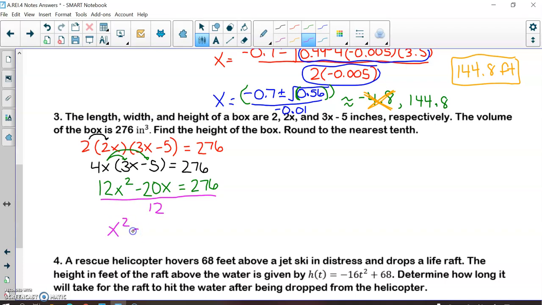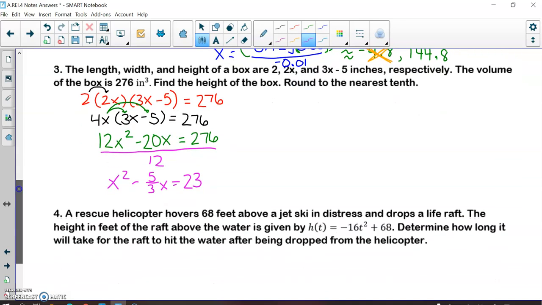So I have an x squared minus 20 divided by 12, we're actually going to leave as an improper fraction, and that is 5/3, x is equal to 276 divided by 12, which is 23. 5/3 in your calculator is 1.6 repeating, and I do not want you to round within your problem, so we leave it as a fraction.